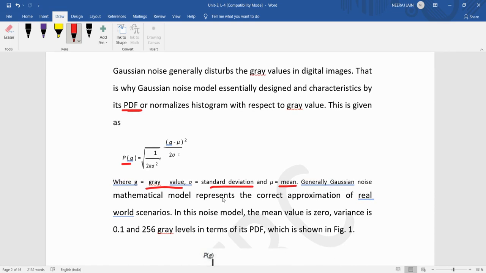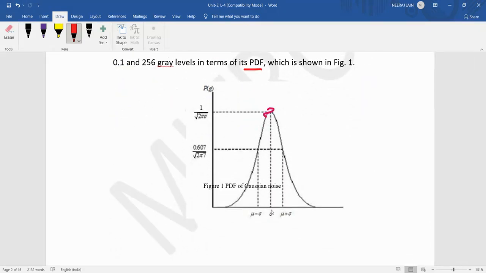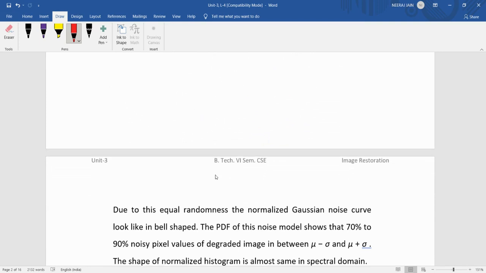Generally, the Gaussian noise mathematical model represents a correct approximation of real world scenarios. Variance is 0.1 here, and 256 gray levels are considered in terms of the PDF. So that is drawn here, and we see that such characteristics will come if we draw its PDF.